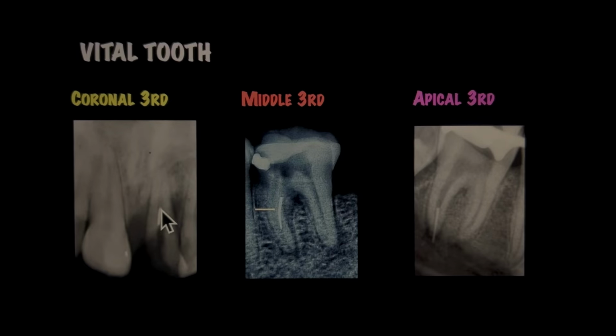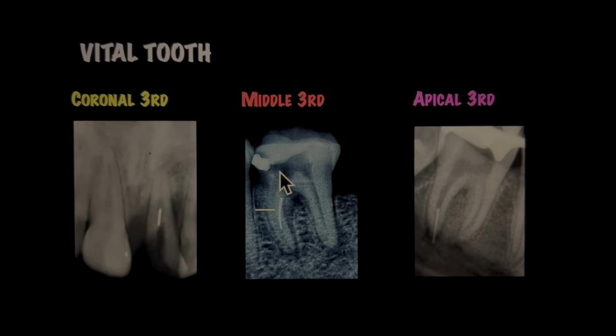Whether or not you use magnification loops or a microscope, you have to retrieve the fragment. In case of the middle third, try to bypass. If not possible, at least immediately obturate the canal, seal it up, and wait for the follow up.